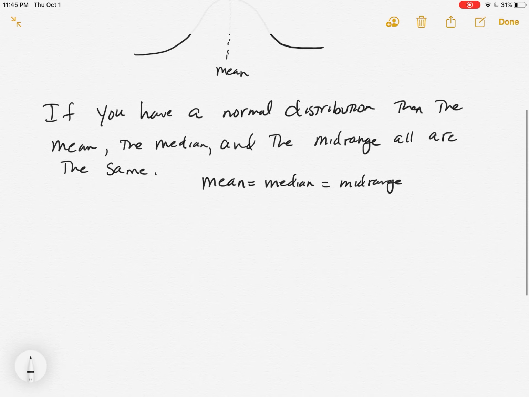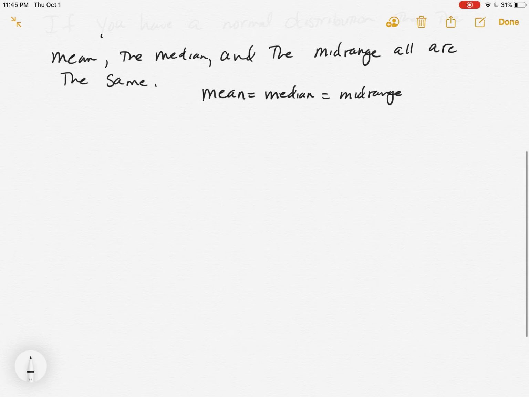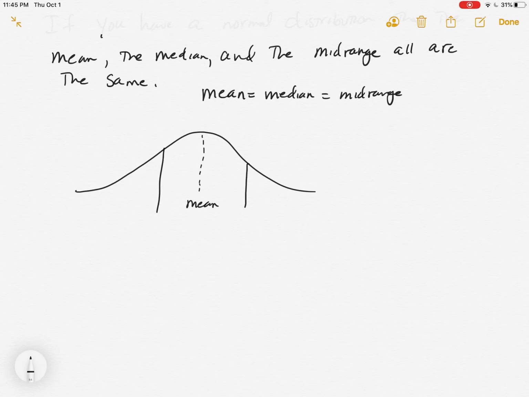Also, when you have a normal distribution, one of the reasons we want to bring it up is because of the work that you've been doing with the mean and the standard deviation. When you have a normal distribution centered about the mean, put the mean right in the middle. If you go one standard deviation out, I'm just going to put a 1 SD, SD standing for standard deviation, in either direction, you capture a certain amount of data.